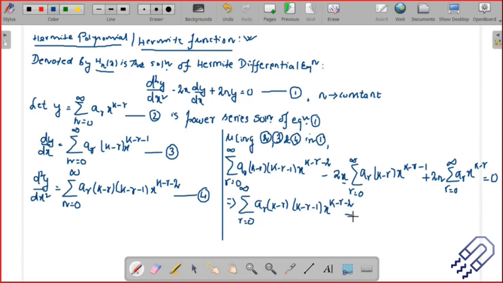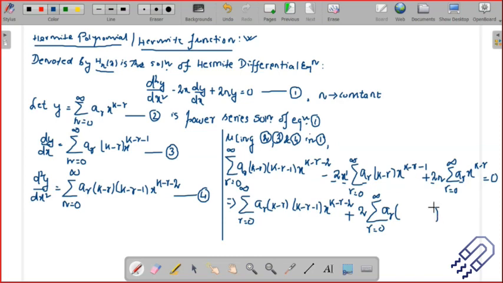For the second one, we can actually do certain changes. You see there is a 2 here, and then there is a 2 here, so I can take this 2 common, and then I can put summation r equals 0 to infinity. Now if you check here, we have got an a_r here, we have got an a_r here, so let's take that a_r also common, and this is x to the power k minus r minus 1, this power is 1, so this will be x to the power k minus r, right?